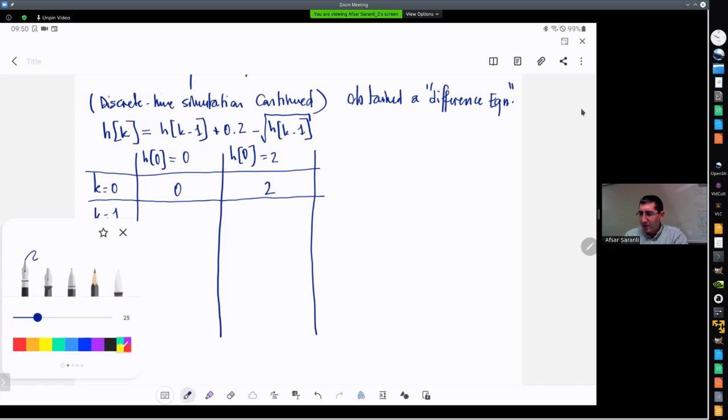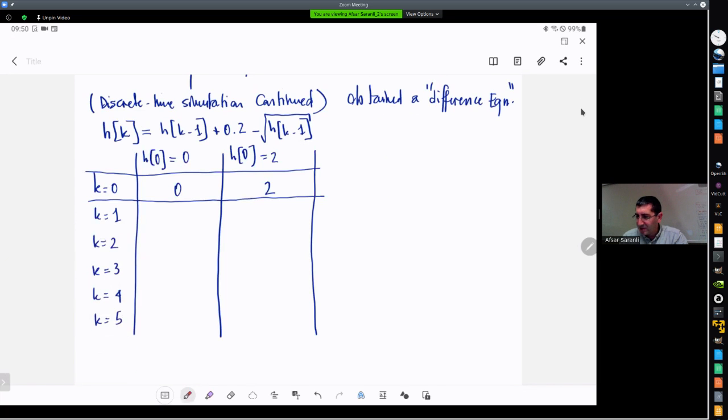Okay, so if h at 0 is equal to 0, let's calculate what h at time 1 will be. Obviously, we are using this equation over here, right? So that's going to be hk minus 1, which is 0, plus 0.2 minus, oh, by the way, there is a mistake here. Let me write this again. Okay, so this is 0.2 times square root of hk minus 1.